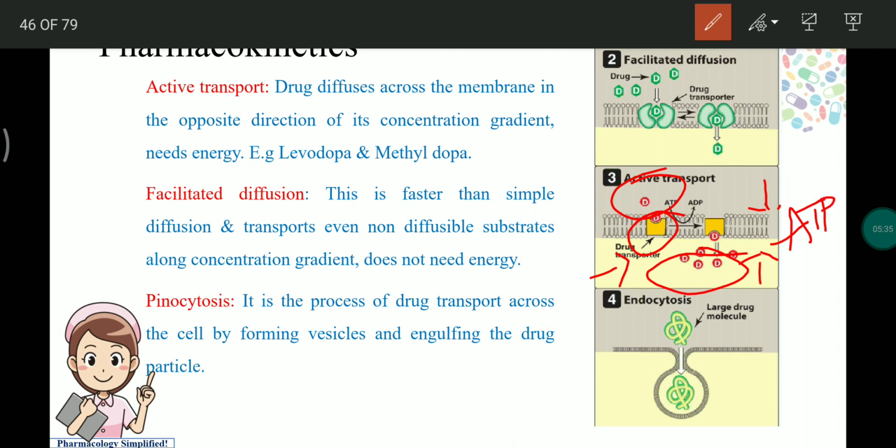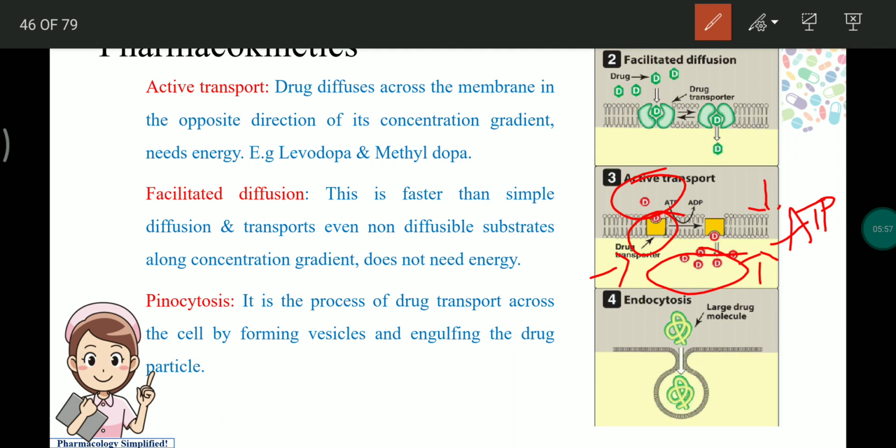Okay, and the next one is facilitated diffusion. Facilitated diffusion means movement of drug from higher concentration to lower concentration, where it doesn't require any energy, but some sort of receptors or transporters are helpful in this diffusion.